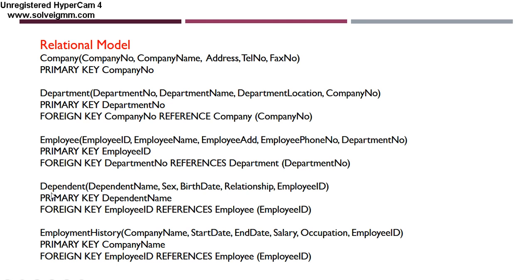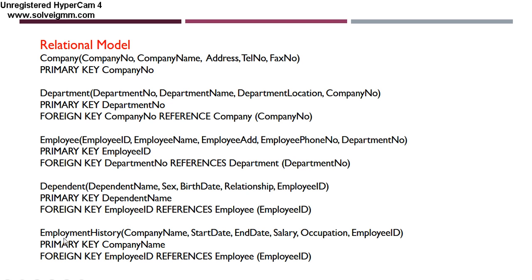And the fourth is dependent name, sex, birth date, relationship, employee ID, the foreign key, and the primary key is dependent name. Foreign key, employee ID, referencing employee ID. Employee ID becomes a foreign key in dependent because dependent is a weak entity.